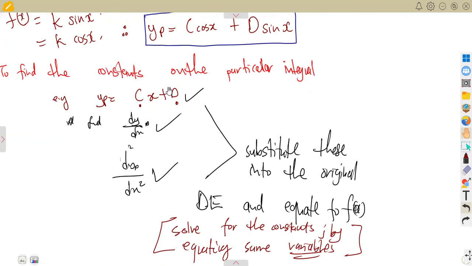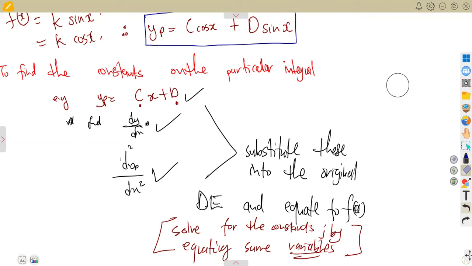Take note. All right. So the particular integral at the end is going to be something that is exact. For an example, maybe you calculated C and D and you've got something like 2x plus 3. So it is not going to be written as constants. Maybe you have got 2x squared plus 3x plus 3, whatever that you have.